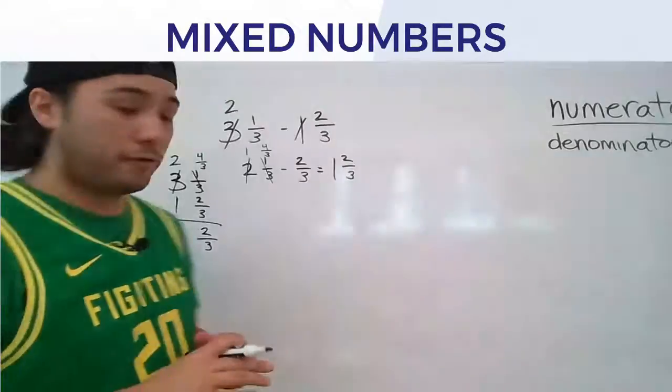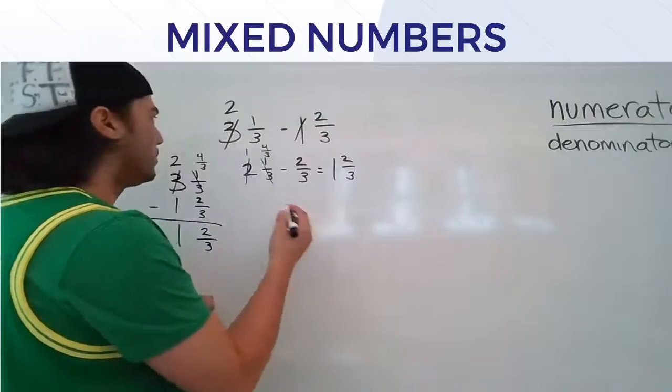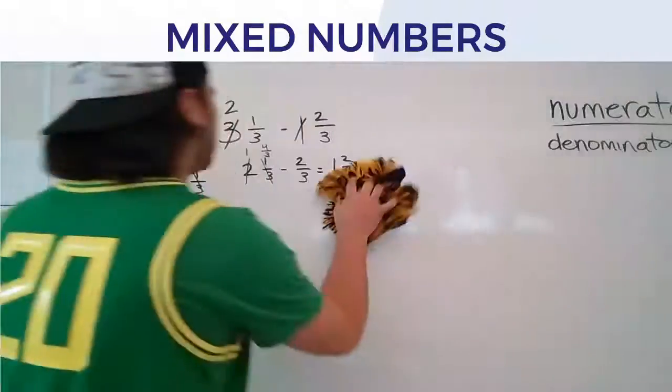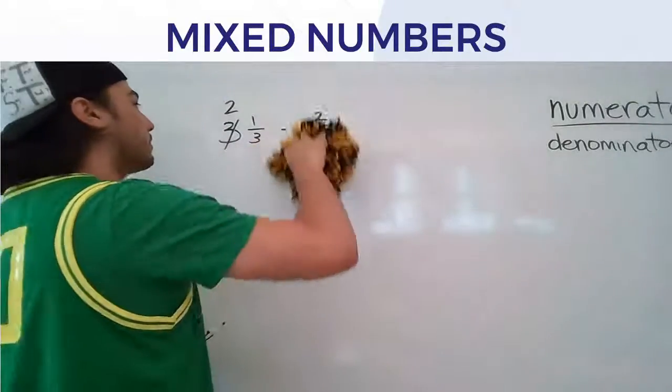Okay. If we're going to do this visually, because I do want to draw it out visually just for this one problem. So let's go back to our original. 3 1/3 minus 1 2/3. I'm going to rewrite it so we can see it visually here.